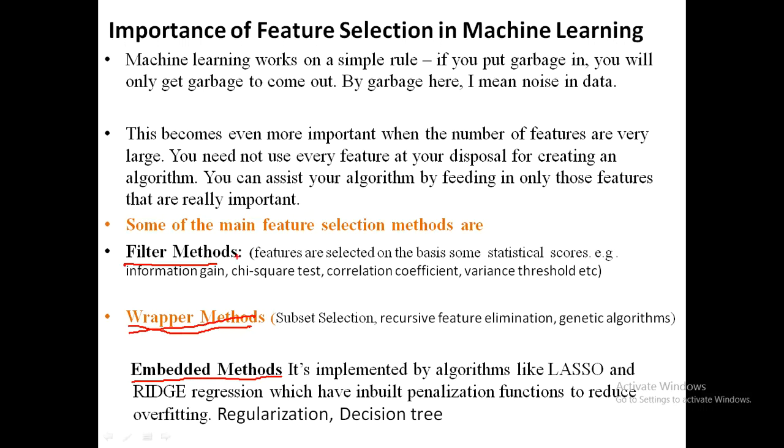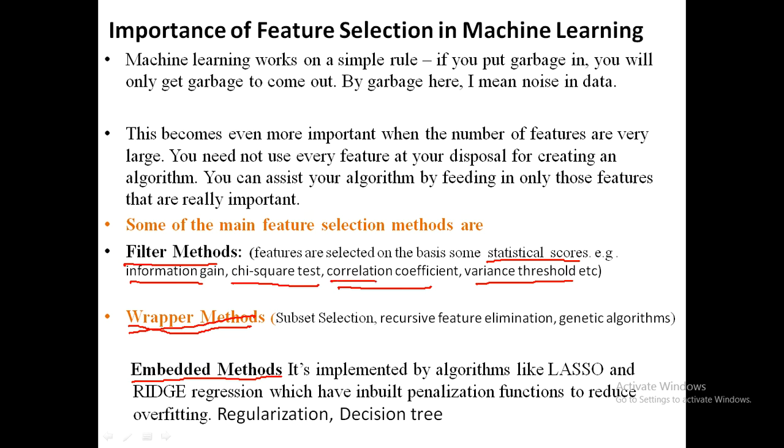The filter methods are those methods where we use some statistical approach to select a set of important features, like information gain, chi-square test, correlation coefficient, variance threshold, etc. Information gain we shall discuss in some of the next topics.